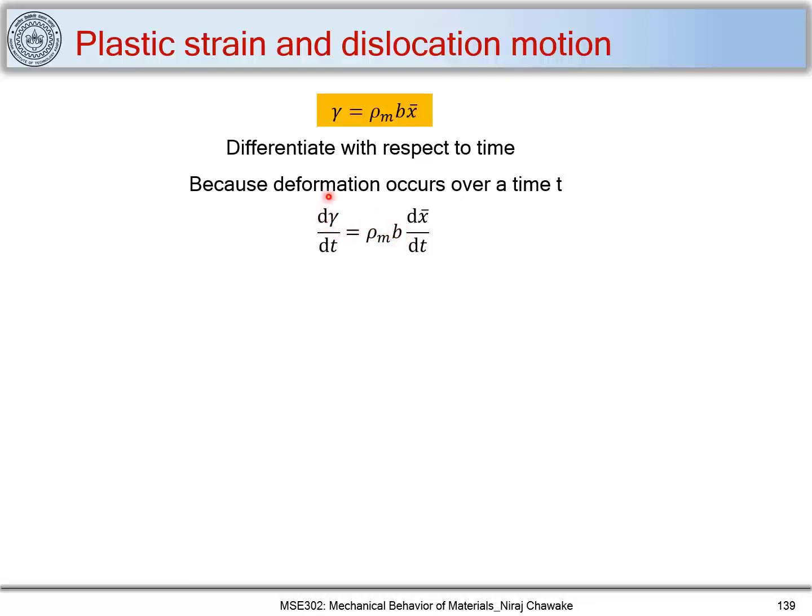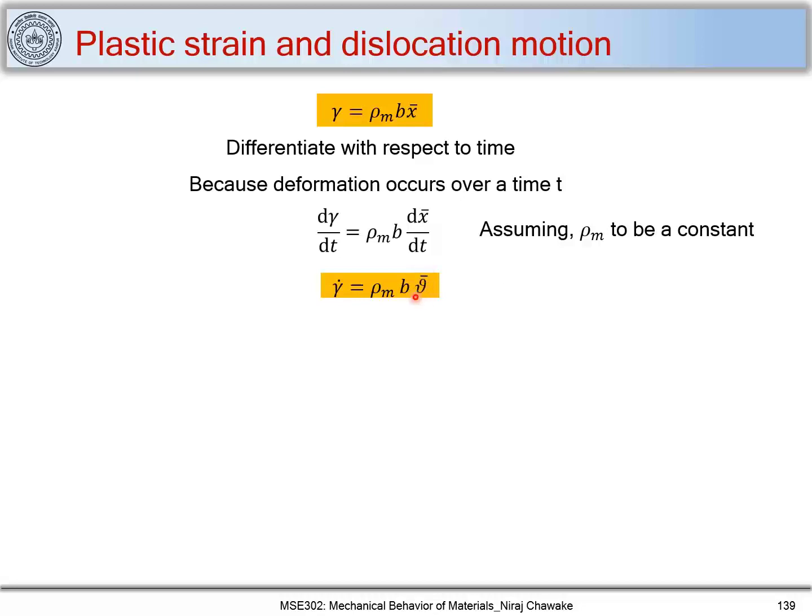This cannot be valid for most of the processes, but let's assume that rho m, that is the mobile dislocation density, and b remain constant. So we differentiate this relation with respect to time, d gamma upon dt, and we differentiate the average glide distance with respect to time, assuming rho m to be constant. Because this was a shear strain, this becomes a shear strain rate, and this becomes the average velocity of dislocations.